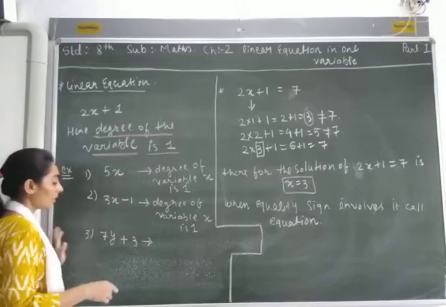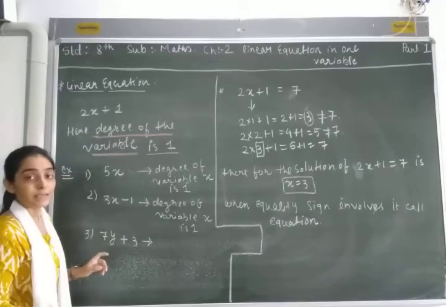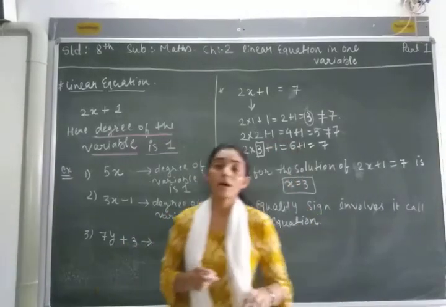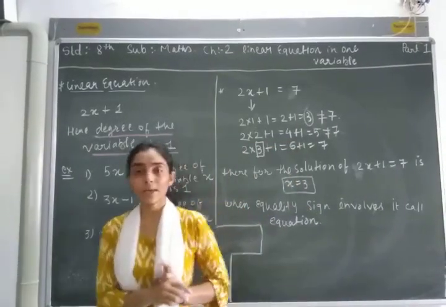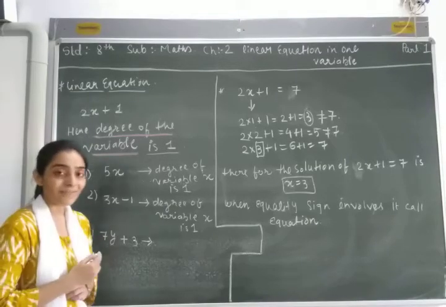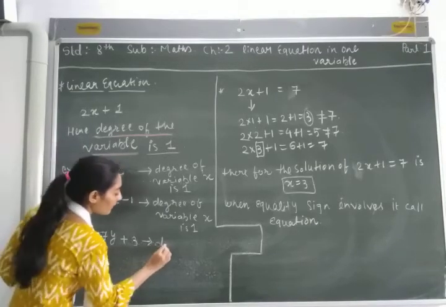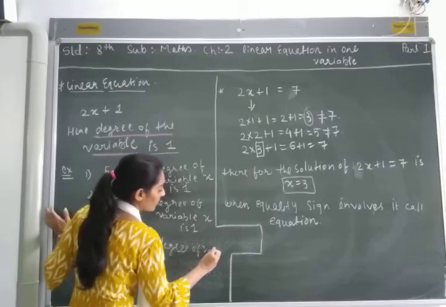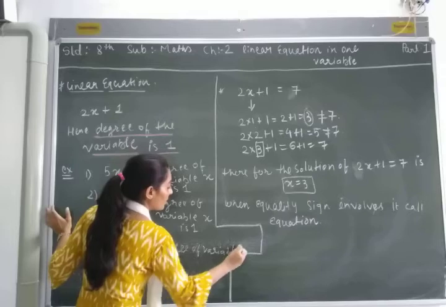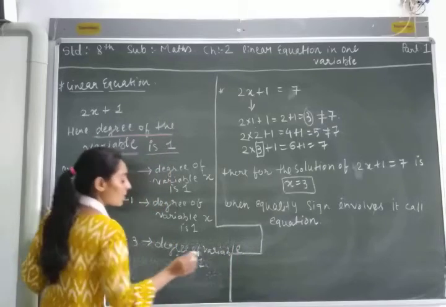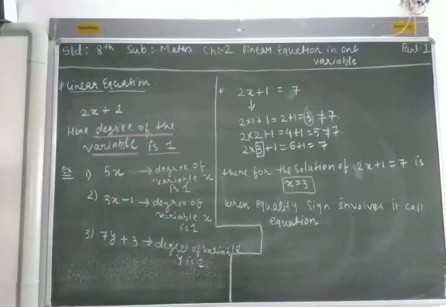Y is also my variable. A variable can be represented with any small alphabet. So the degree of variable y is 1.